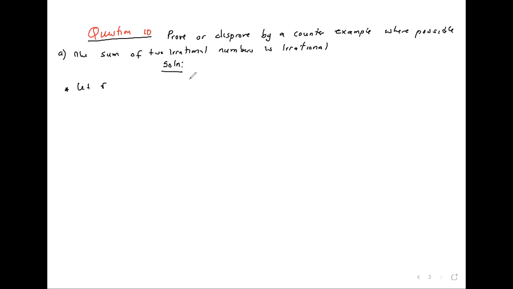So let √2 and √3 be two irrational numbers. Then √2 plus √3.